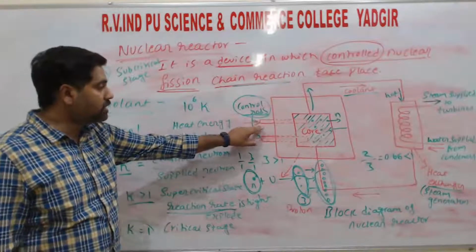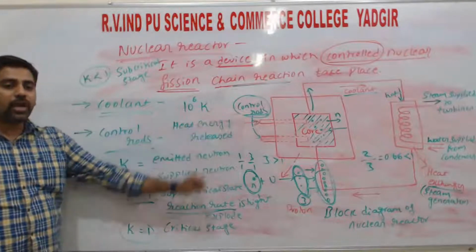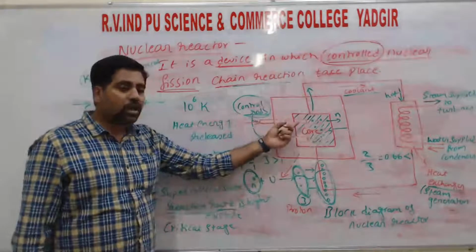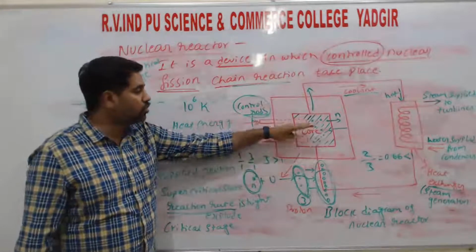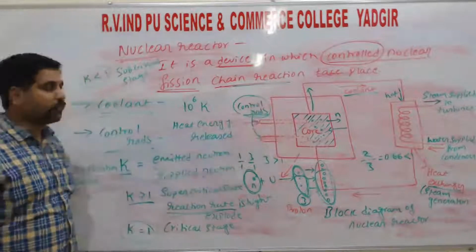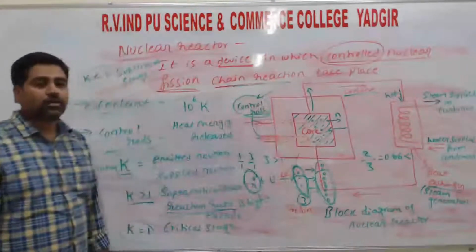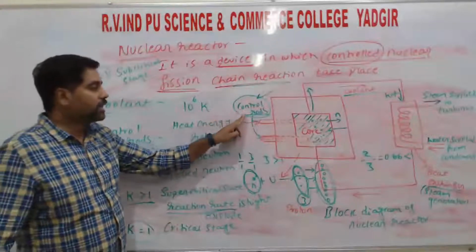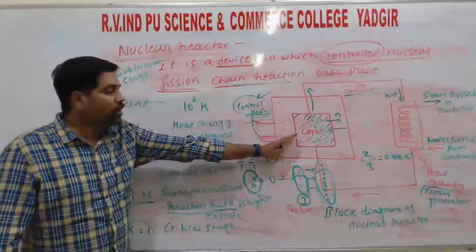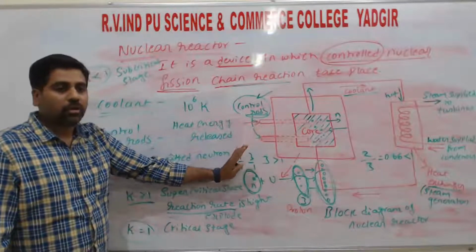In an emergency, these control rods are also used to shut off the nuclear reactor. That means completely closing down the nuclear reactor, that is, we need to stop this chain reaction. For that purpose also we use these control rods, right? So in emergency cases, these control rods are used to turn off the nuclear reactor.